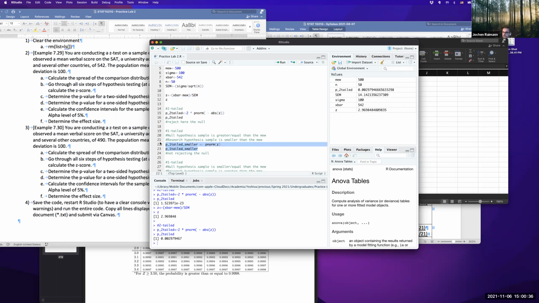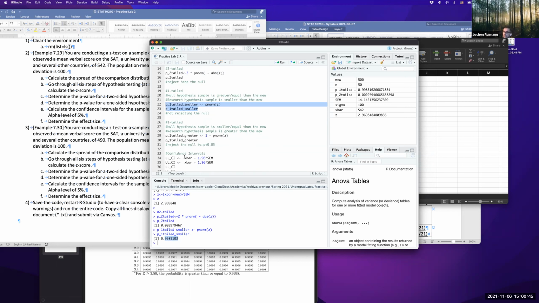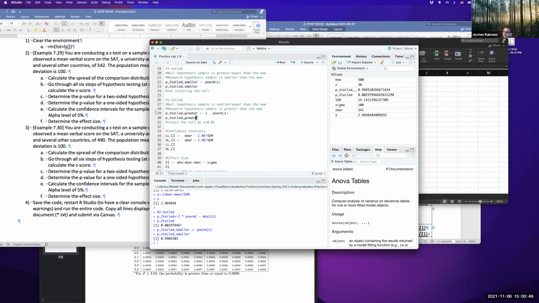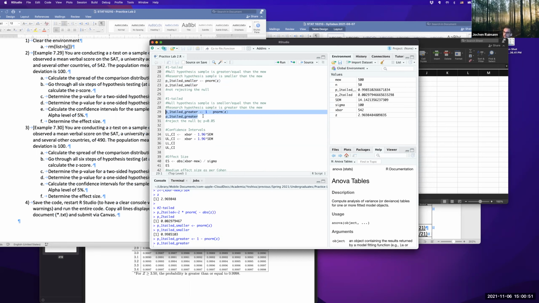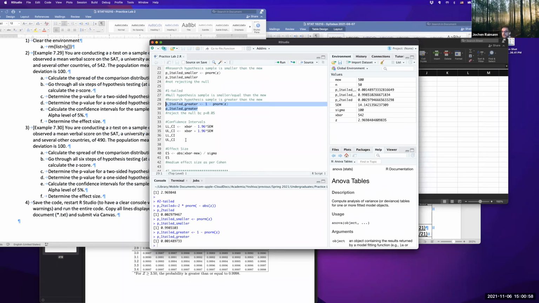If you do P two-tailed smaller, essentially you are getting now your 9985. So this is now rejecting the null. If you do P one-tailed greater, you essentially get here the P equals 0.0015, as we've done already.